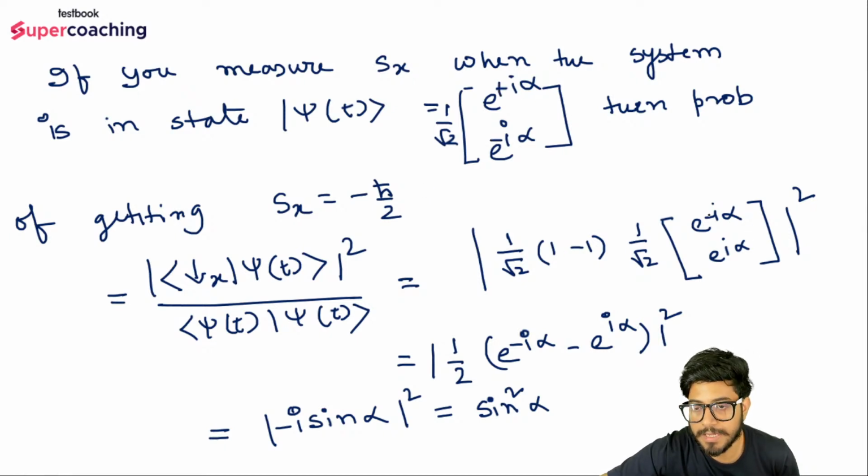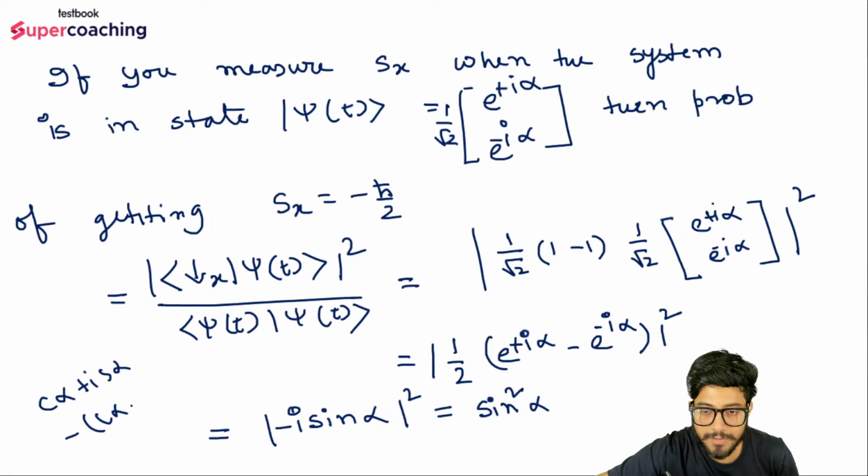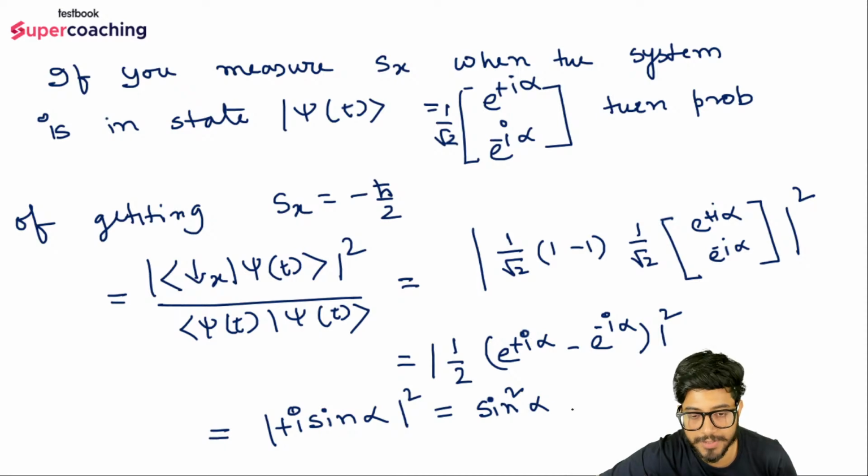Then if I do this plus i alpha and minus alpha, what change is it bringing? e to the power of i alpha minus e to the power of minus i alpha. e to the power of i alpha means cos alpha plus i sin alpha, minus cos alpha minus i sin alpha. So what I'm getting, see this and this cancelling out. So 2i sin alpha, 2 cancels out. So I'm getting simply i sin alpha, mod sin square alpha.